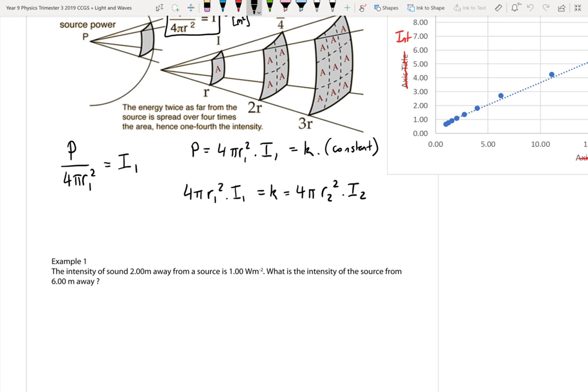Now, this is just a nice mathematical equation. Let's cancel out the common stuff. Get rid of 4 pi, get rid of 4 pi, get rid of the constant. We're left with 4 terms. So look what we get. We get R1 squared on R2 squared equals I2 over I1.